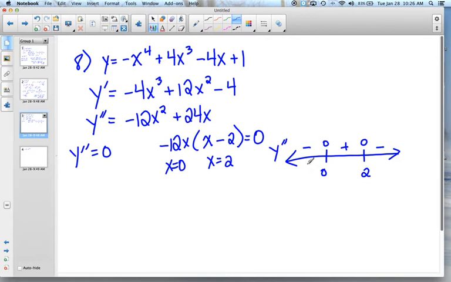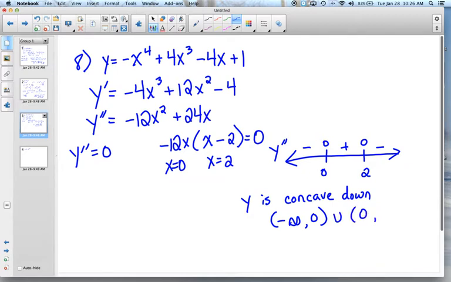So the concavity test says that if the second derivative is negative, then it's concave down. Remember, when I say it, I'm really talking about the function y. So y is concave down on the interval negative infinity to 0, union 2 to infinity.